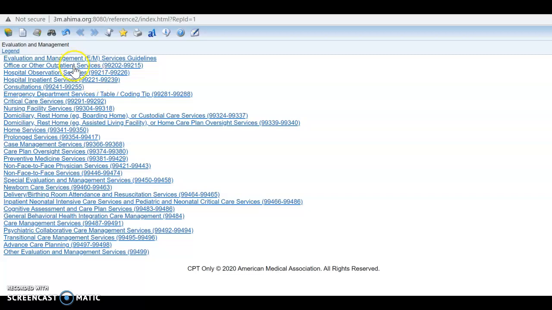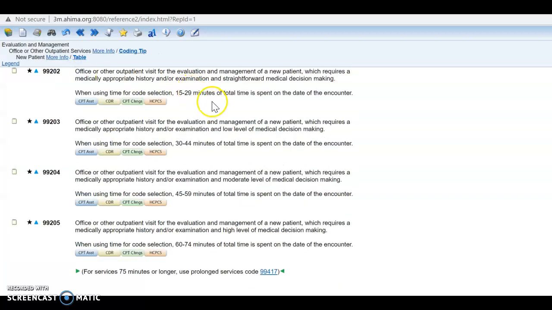So let's just start here with office and other outpatient. So as a medical assistant, if you have a new patient, one thing I want you all to remember, new patient again is 3 years. We talked about this in previous chapters. So if you are working at Great River Medical Associates, or wherever you are working, it's based on time.